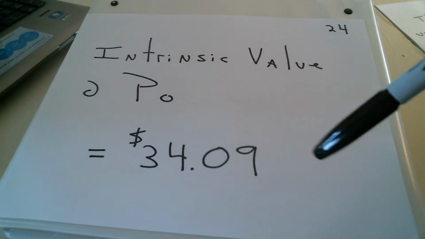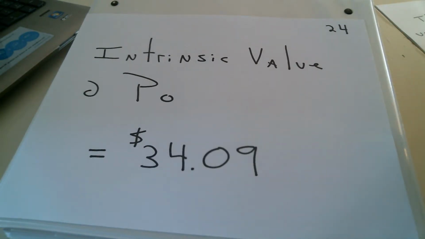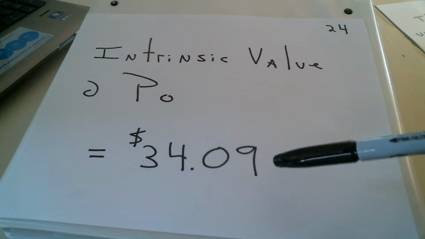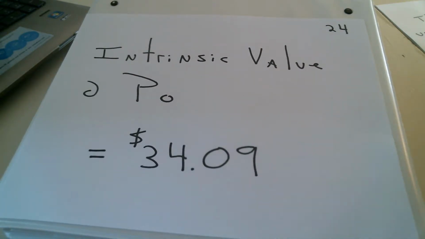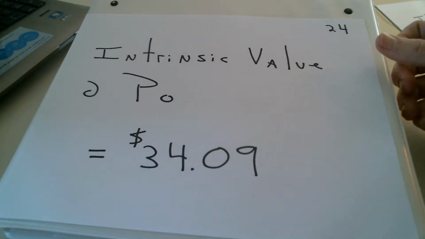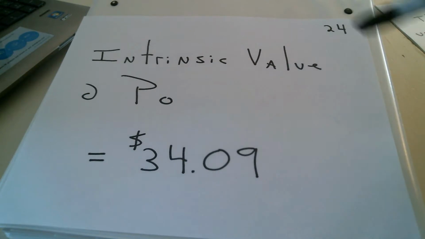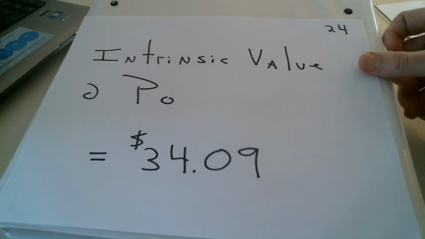So for example, if someone had that stock and they wanted to sell it to you today at $50, if you ran those numbers through the model, you would come up with a true value of $34.09 and tell that person he's charging you too much. Okay, so again, that is the intrinsic value from the first couple days in this class.